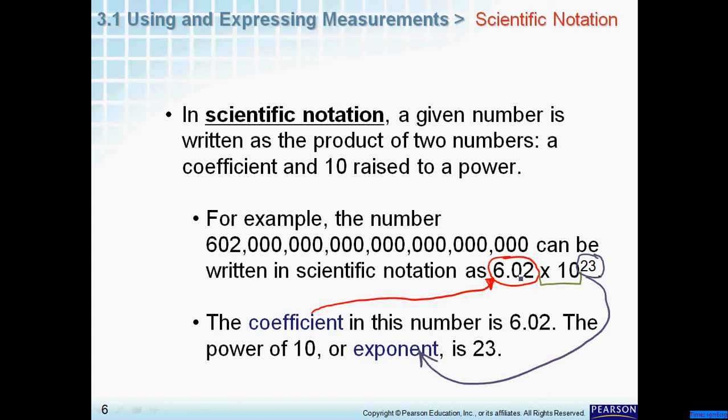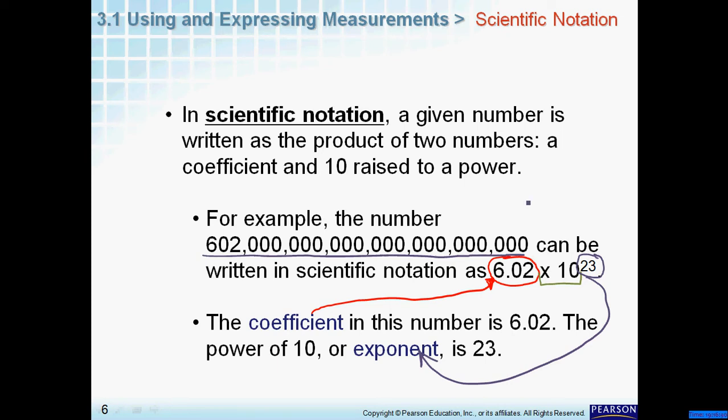So in this number, 6.02 times 10 to the 23rd power, this is a number that really means 602 sextillion, which you see here. It's 602 followed by 21 zeros.